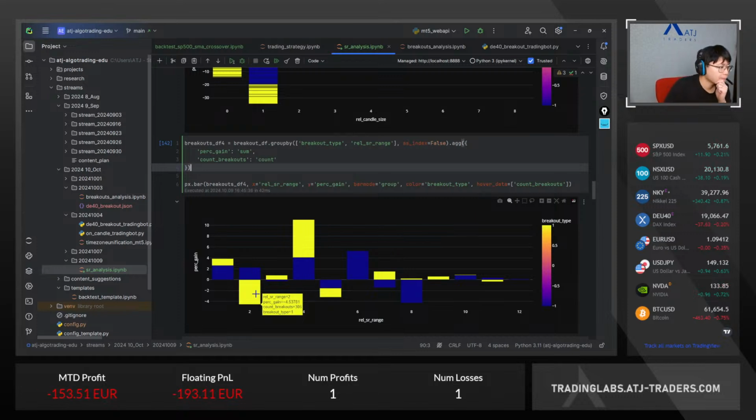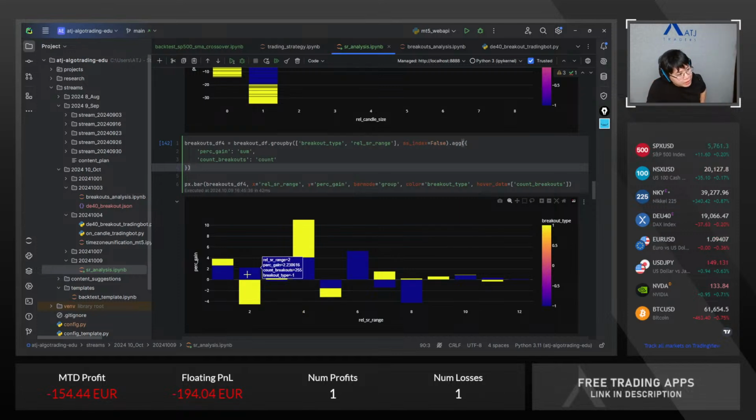So that is very interesting. So maybe what we can try instead is, because you see here we have a breakout to the downside, but the market reverses, and then we have a breakout to the upside, and then the price tends to go down. So potentially we could create a strategy that, whenever we have a small breakout, we go in the reverse direction.